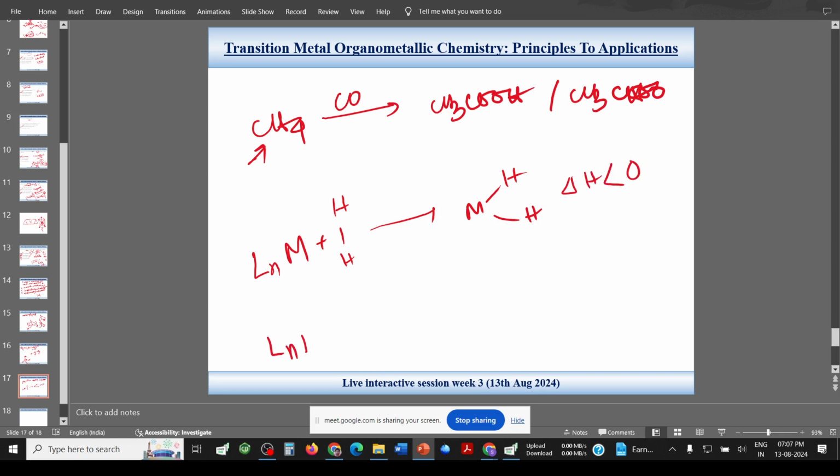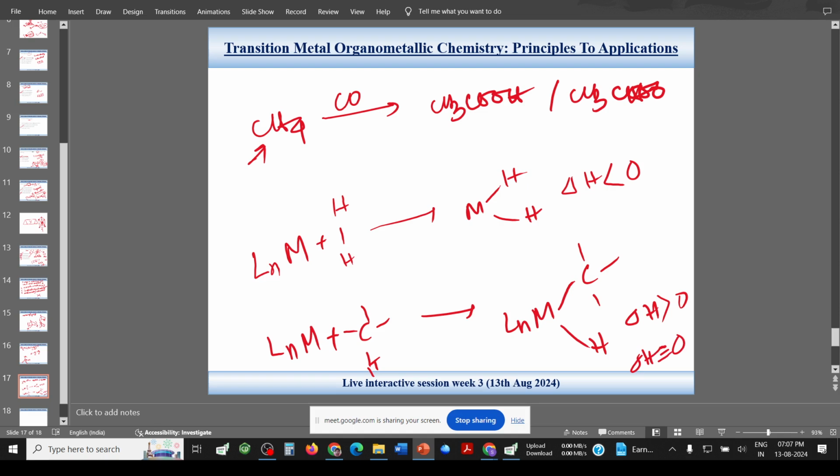Whereas metal plus CH giving the metal alkyl is highly unfavored because delta H is greater than 0. But with the help of these complexes we can do this conversion easily. That is the CH activation reaction.